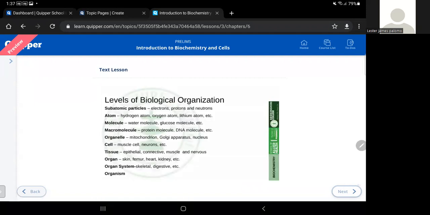We have macromolecules, organelles, the cell, the tissues, organ systems, then followed by the organism as a whole. So that is the basic unit of organization from which everything originates. I hope everyone already knows this one.